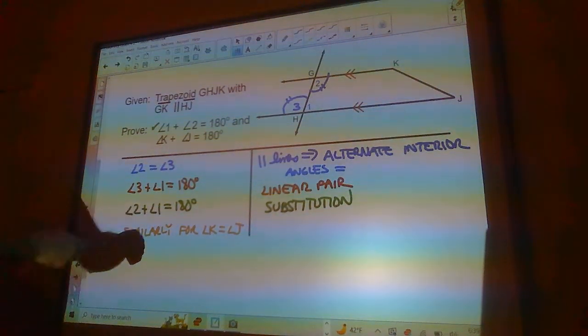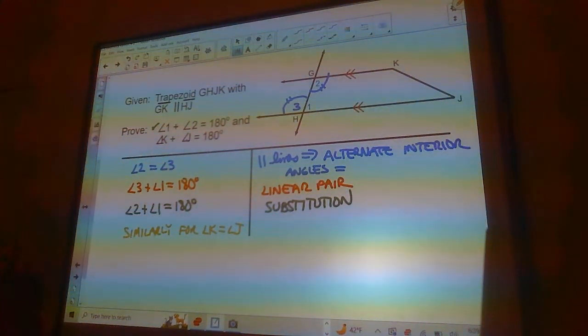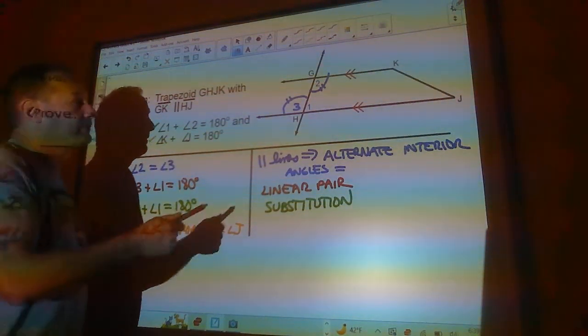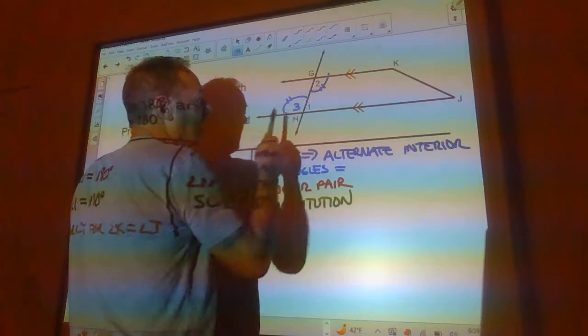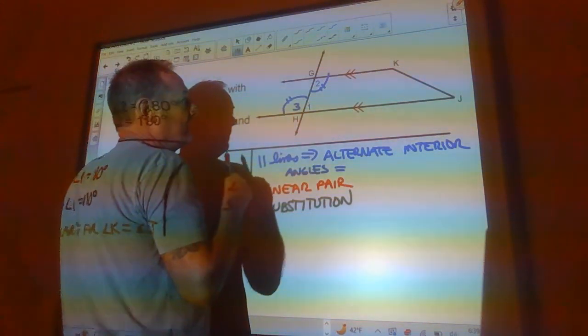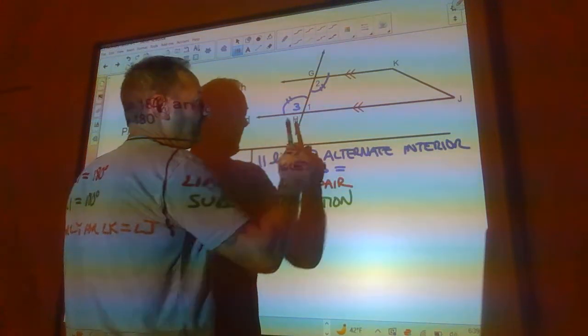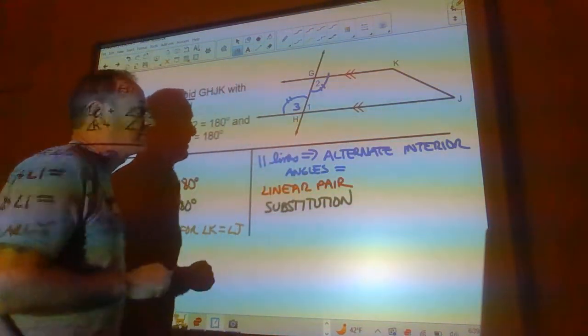We don't have to do all these steps over again. We just do one. So what we've proven is that two angles between two parallel lines that are not the same base angles have to be supplementary.